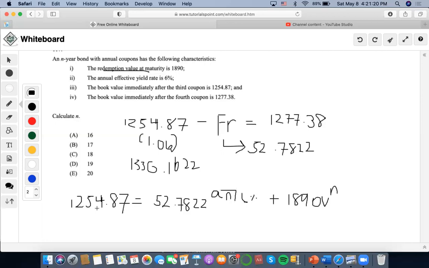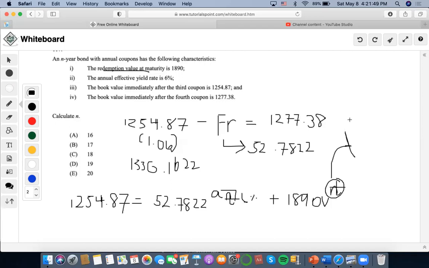Another thing we have to notice is that since the redemption value at maturity is 1890, and since this is taken from the amount of coupon paid from book value 3 to book value 4, we would also have to denote n as t, basically.